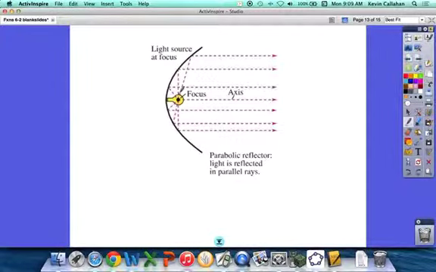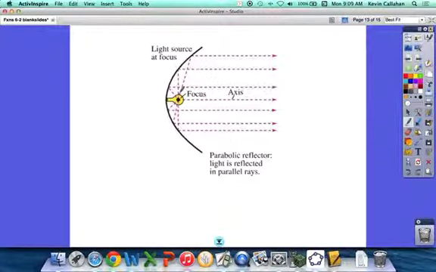Everything that's hitting the back of that thing is being concentrated onto the focus, right? That's the whole point. So what do you think about the strength of the signal? As the dish gets bigger, you're concentrating more onto that one place, so you should get a better signal. A lot of the dishes these days are pretty small, right? But the bigger the dish, generally, you'd be concentrating more incoming satellite signal into that one point.